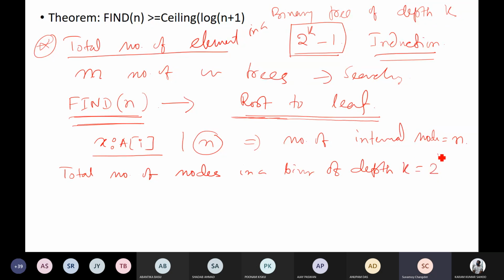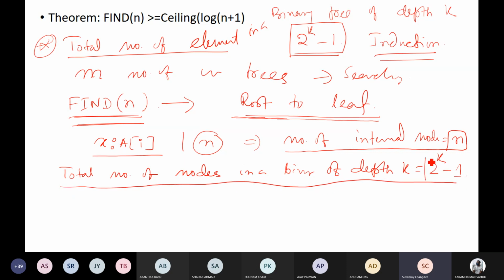We know that is 2 to the power k minus 1. And the maximum number of nodes that we have to traverse is n, not more than n. So we can say that 2 to the power k minus 1 is the maximum value in a depth k. Therefore, n must be less than or equal to 2 to the power k minus 1.